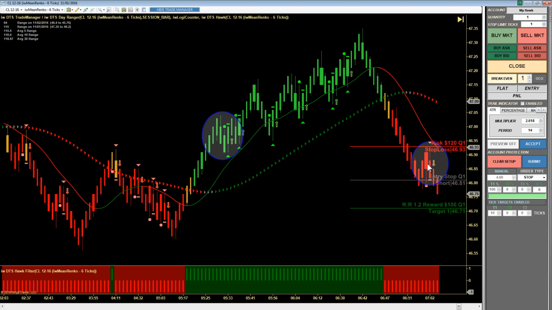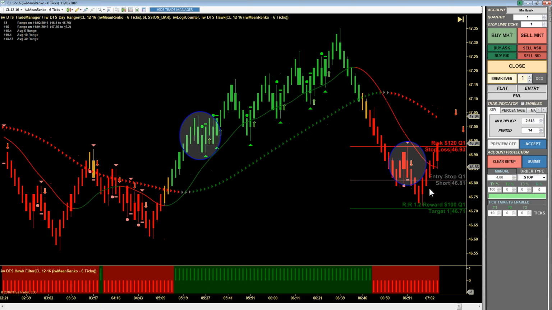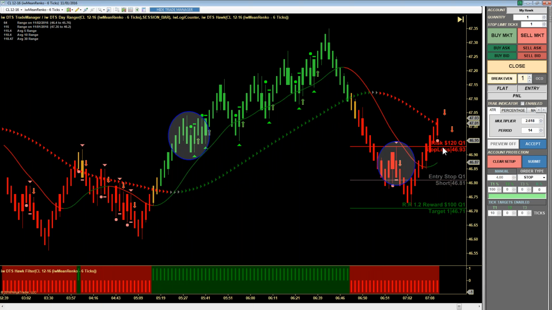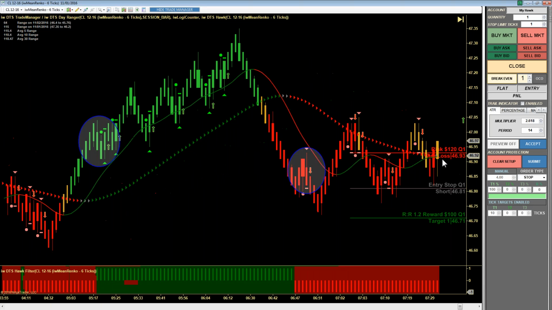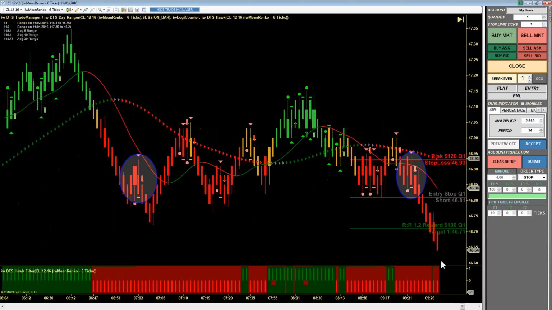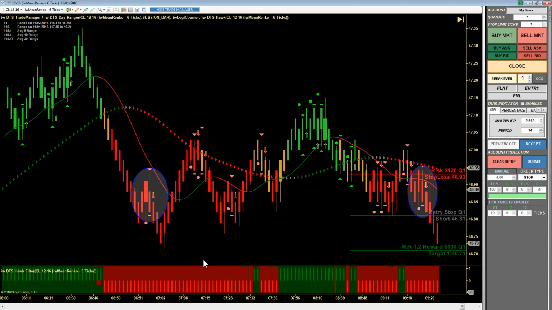Because what ends up happening is you end up strangling your trades, and you end up getting stopped out. And sure, it's only $120, but the market eventually goes in your direction and finds your profit objective. So the signal was sound. You can see we printed another first micro macro cross signal, pretty much the exact same price. The signal was sound. The market just needed a little time to sort itself out.